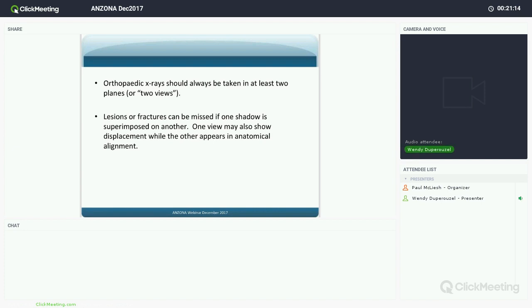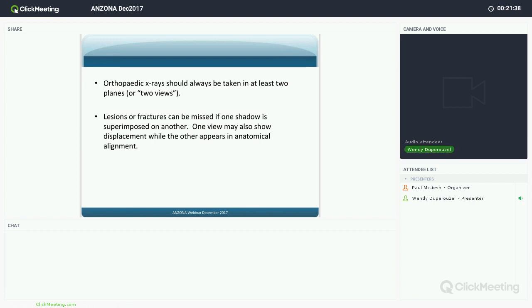There are a few little rules that I want to share with you when we're looking at plain films. First of all, orthopaedic x-rays should always be taken in at least 2 planes, or what we call the rule of having at least 2 views. Lesions or fractures can be missed if we're only looking from one direction, or if one bone is superimposed on another and a fracture is behind it.